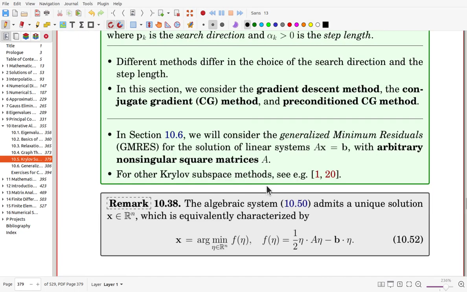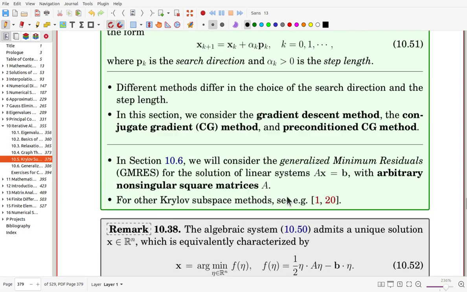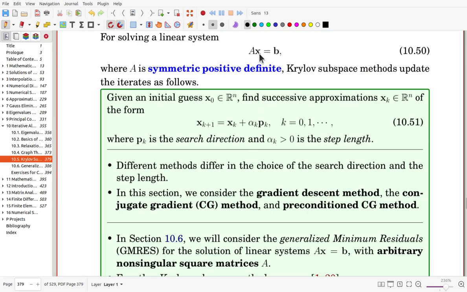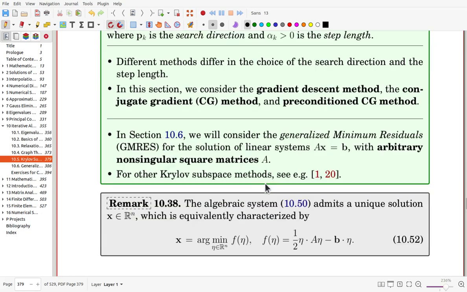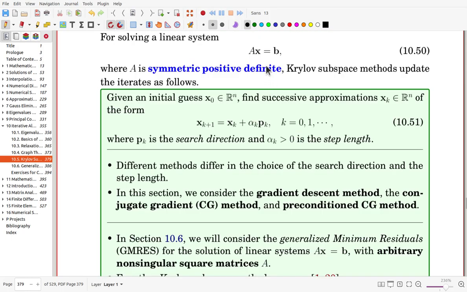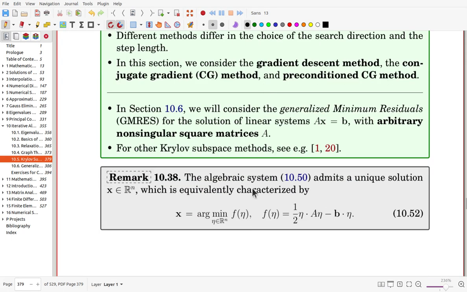Okay, now we reformulate this problem Ax equals b in this way. Once A is positive definite, f of eta is a function on R^n, defined in this way. Minimization of this function is the same as solving Ax equals b.